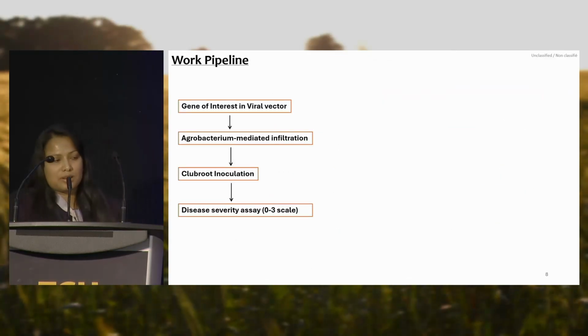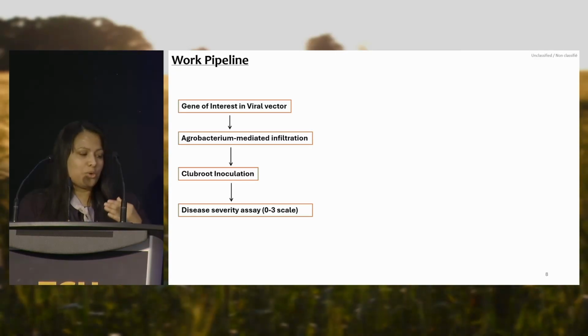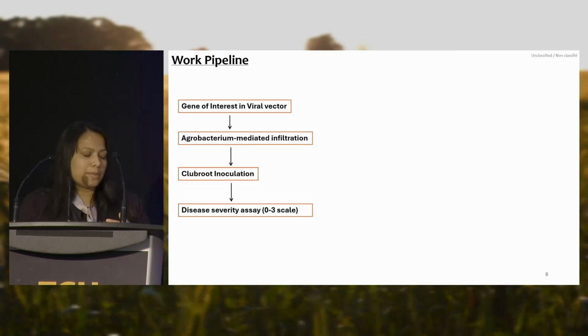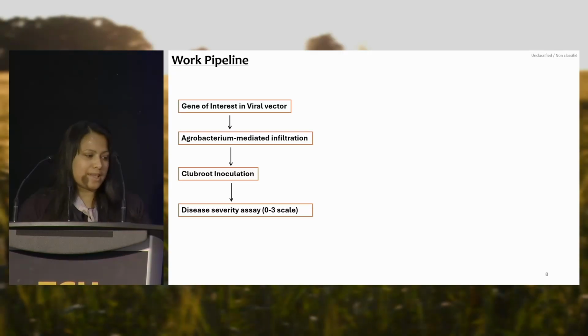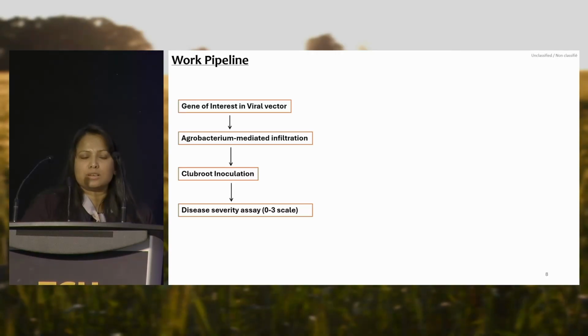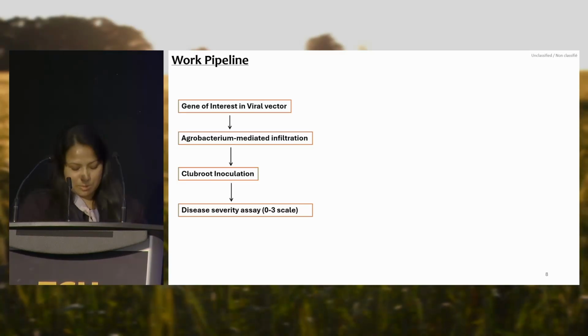After having those constructs of our target genes in the viral vector, we transformed them into a clubroot-susceptible Brassica napus line using Agrobacterium, and then inoculated them with virulent clubroot spores. After 4 to 6 weeks, we scored the development of galls using a 0 to 3 scale, where 0 means no gall and 3 means severe galls and disease severity.